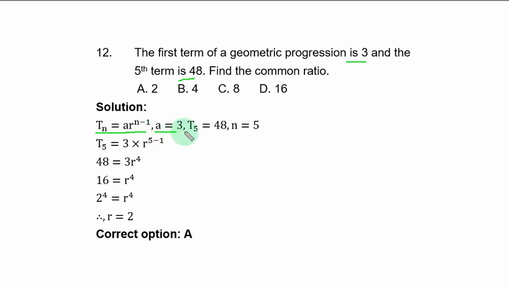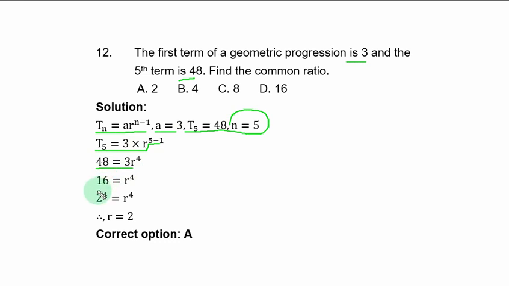The fifth term t sub 5 is equal to 48. At the fifth term, n is equal to 5. So you have t sub 5 is equal to the first term 3 times the common ratio r to the power of n minus 1, which is 5 minus 1. So you have 48 equal to 3r to the power of 4.